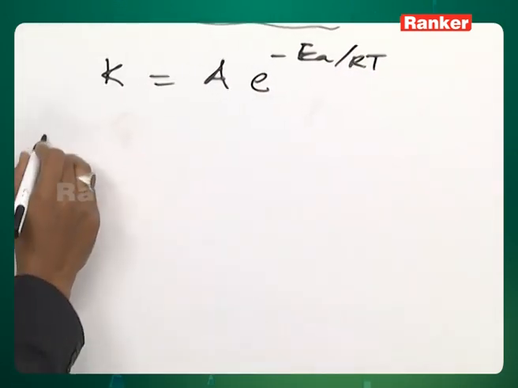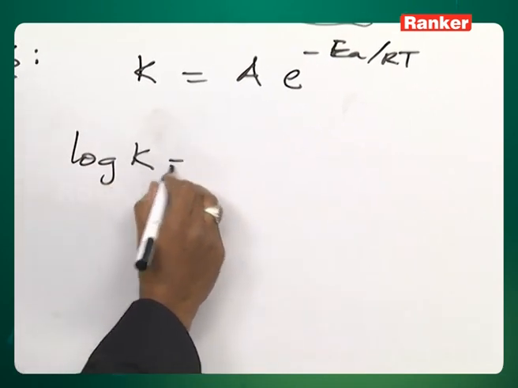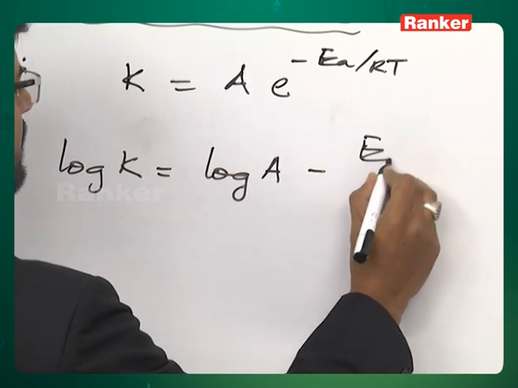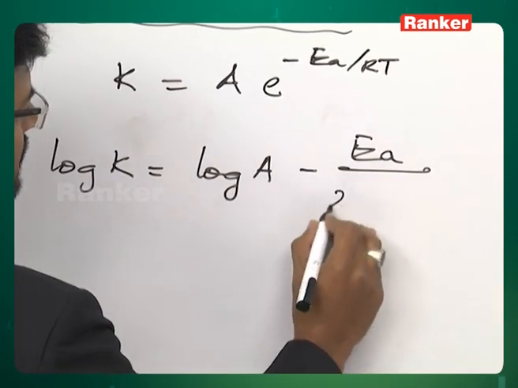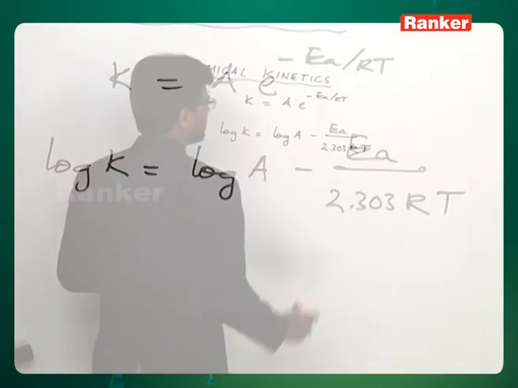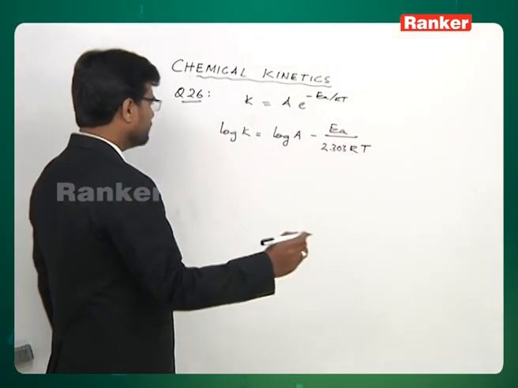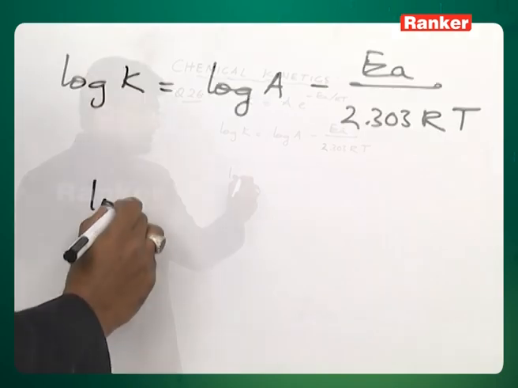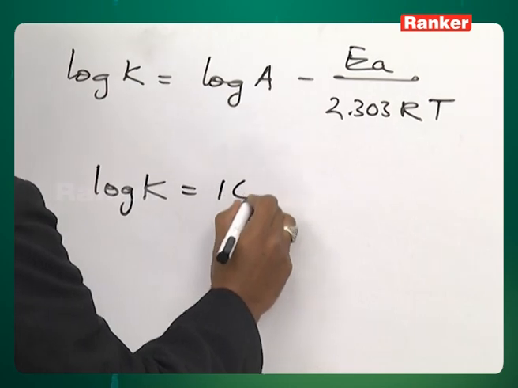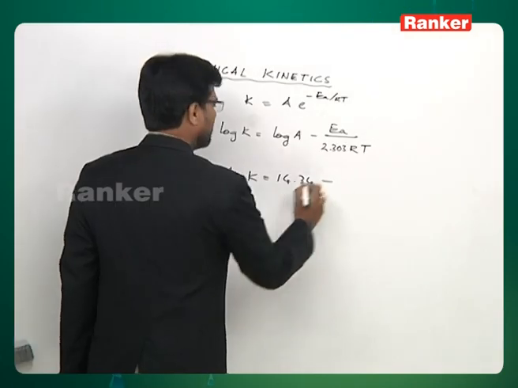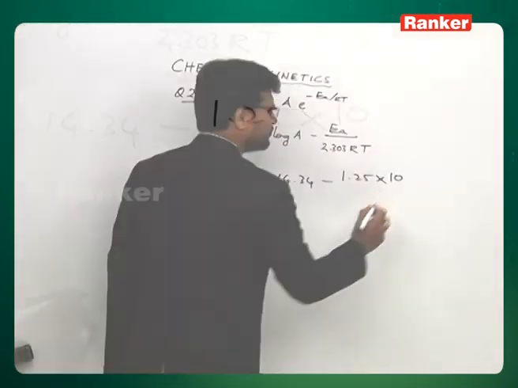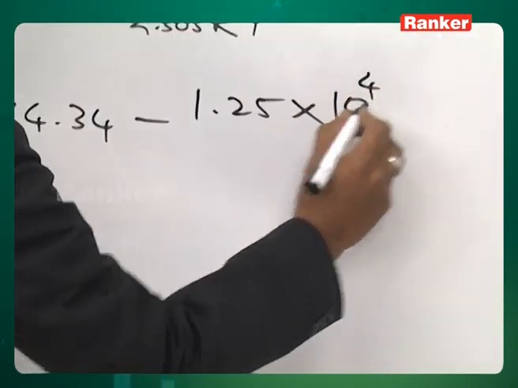If you apply log, then it becomes log K equals log A minus EA by 2.303 RT. So, if you see the given equation, log K equals 14.34 minus 1.25 into 10 raised to 4 by T.